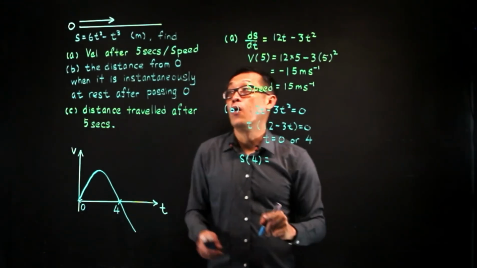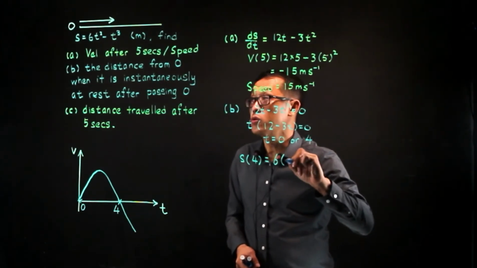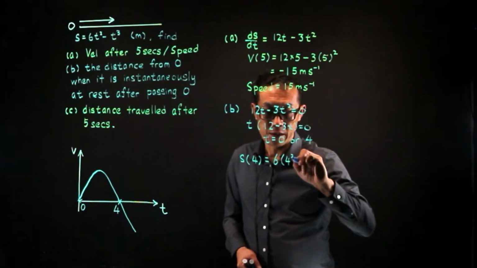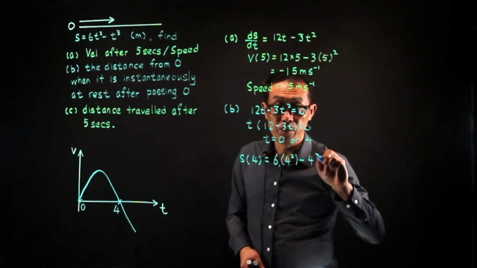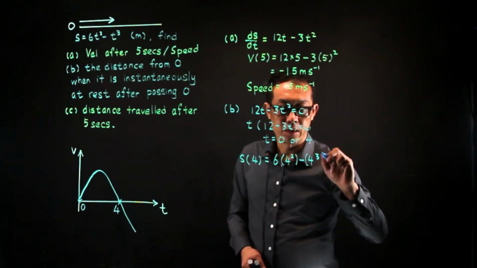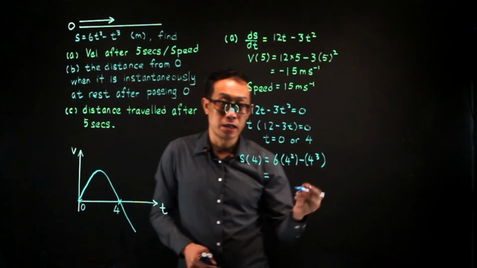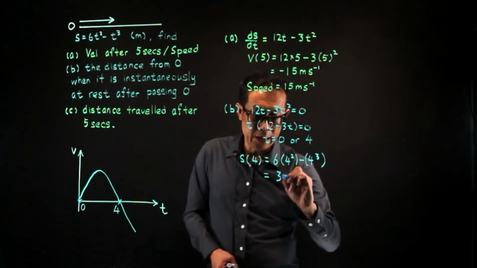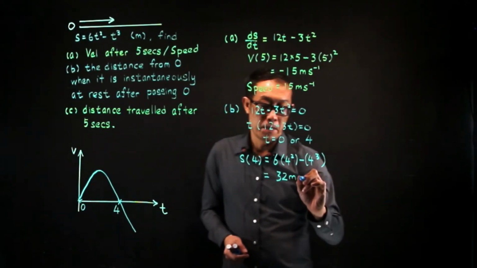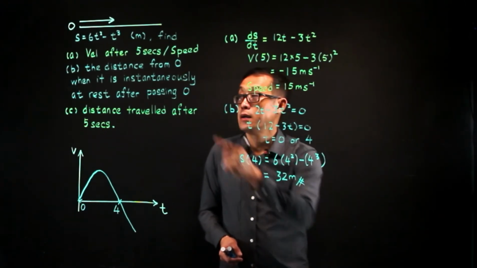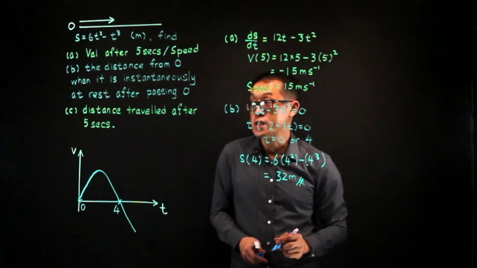So S4 will be given by 6 into 4 squared minus 4 cubed. You punch this into the calculator, you will get 32 meters. That is your answer to part B of the question. Now let's move on to C.